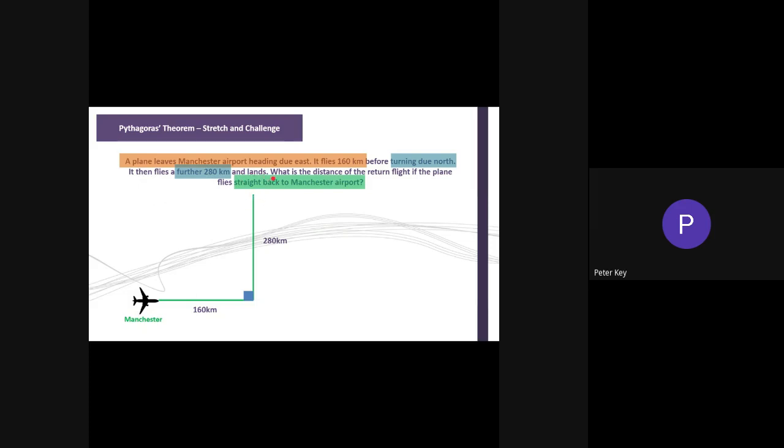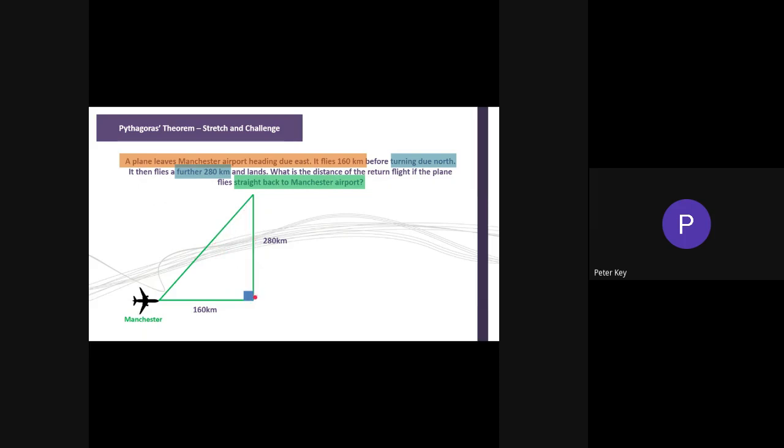It then says, what is the distance of the return flight if the plane flies straight back to Manchester Airport? So there's Manchester, that's where we started. We've gone there, we've gone up there. Now, if he flies straight back to Manchester Airport, he's going to go the shortest route, isn't he? That way. He's not going to go that way and that way because that's not straight back. Straight back is the quickest way. So it's there. So this is what we're wanting to find out.